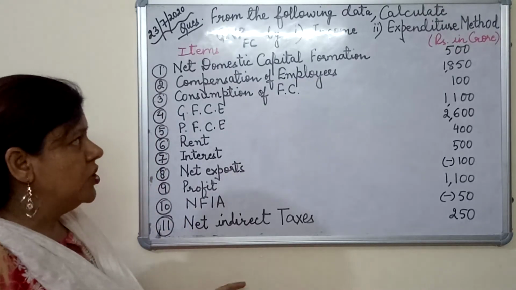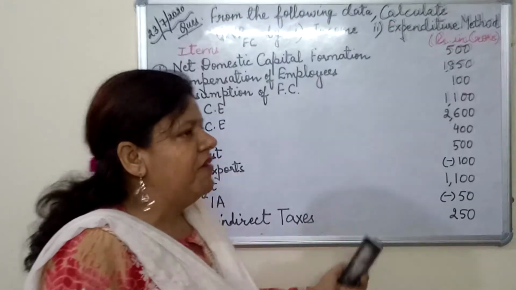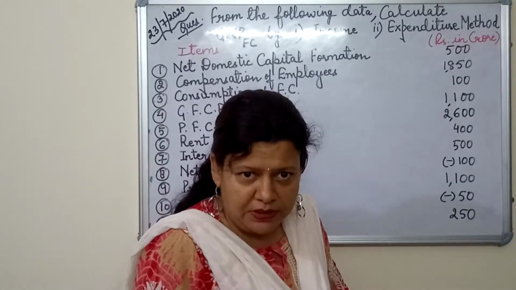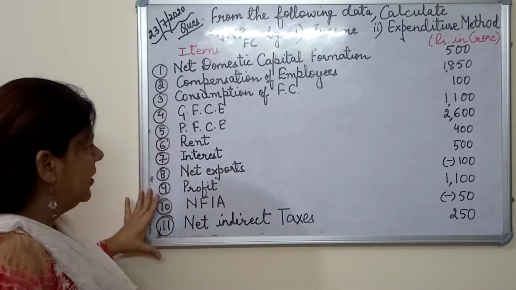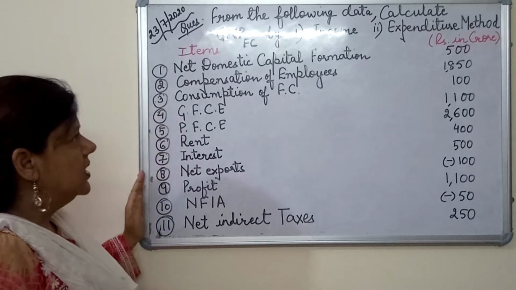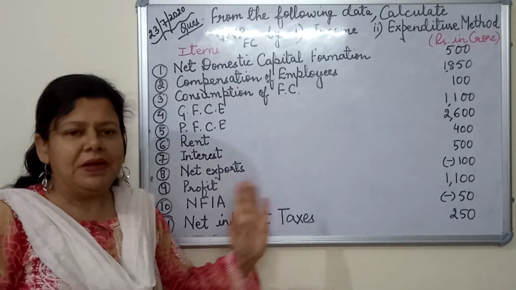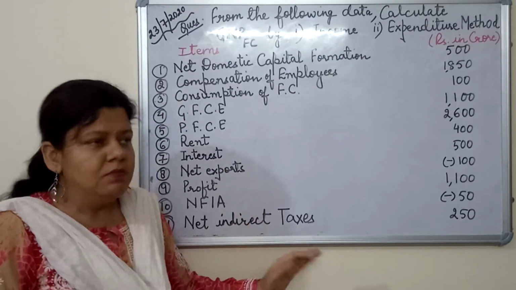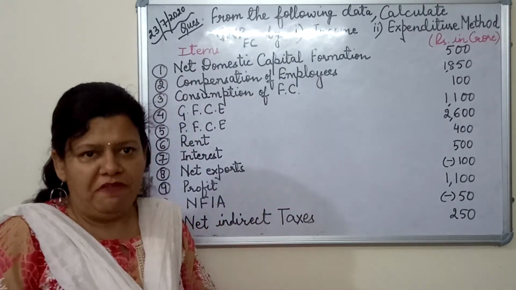But in this question you have to first find it by the income method and then by the expenditure method. See students, in this you are given particulars in which items for the income method and items for the expenditure method are given. Sometimes you will not be told which method to apply to calculate GNP.